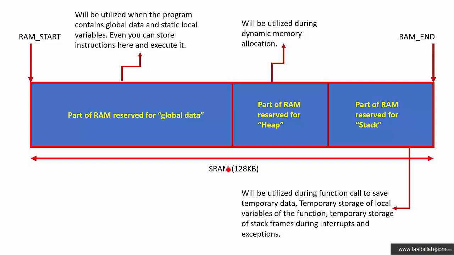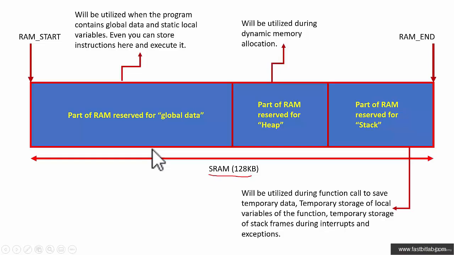Collectively, we can call it SRAM, and its size is 128 kilobytes. We have 128 kilobytes of SRAM on our microcontroller. If you are using some other microcontroller, or one from a different family such as F1x, F0x, Lx, then there could be some differences. You have to refer to the data sheet or reference manual of the microcontroller.